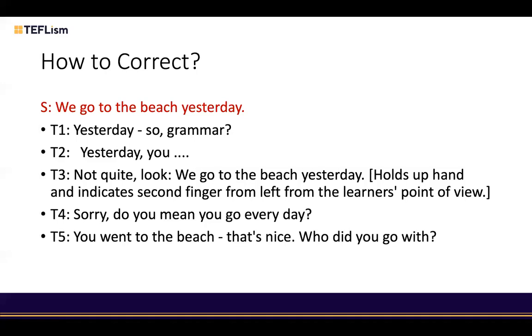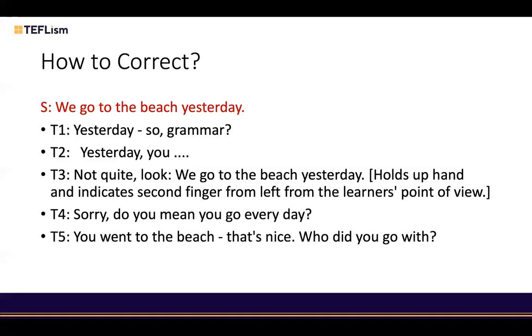When I say my name, Muhammad, I know that he, she, it takes is, but I still produced it. This is an error. A mistake is when I don't know that I was supposed to add is. So this theoretical knowledge is not really useful in the classroom. This is what I read before.